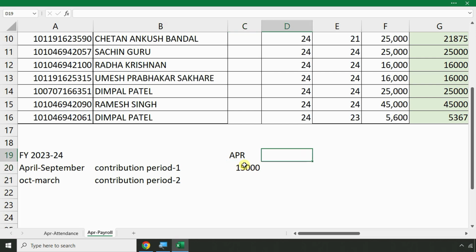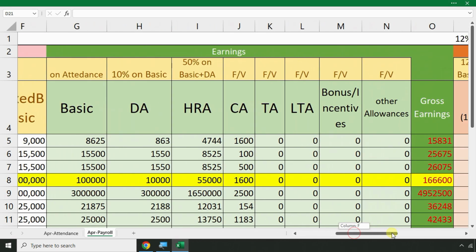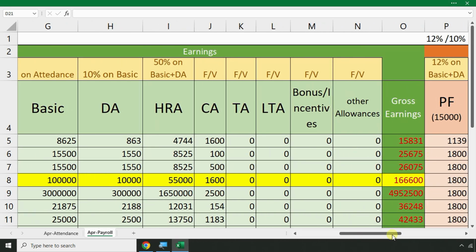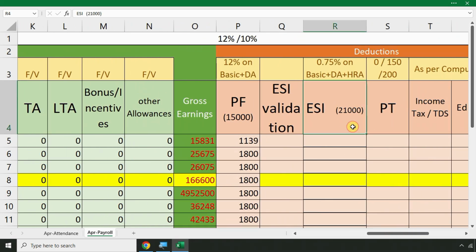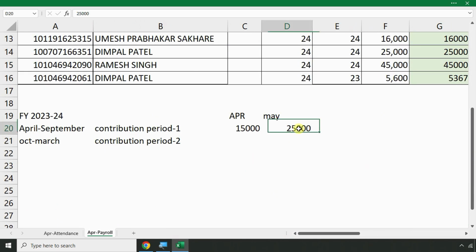So in the month of May, consider the person's salary suddenly increased to 25,000 rupees. 21,000 is the limit for ESI eligibility. But here, how much did I say? In the month of May, the employee's salary rapidly increased to 25,000.